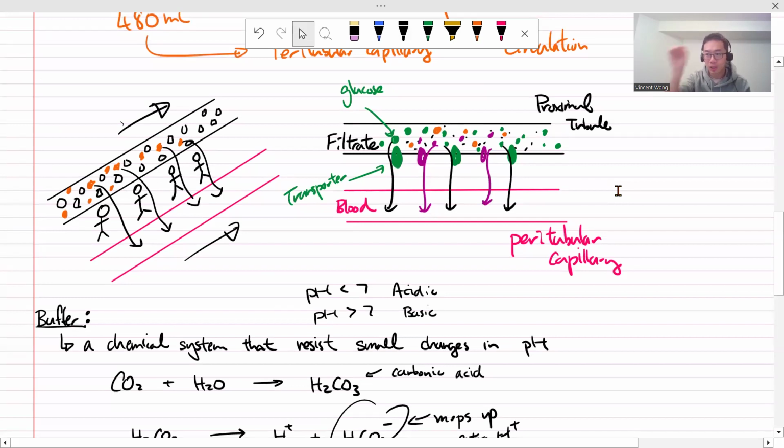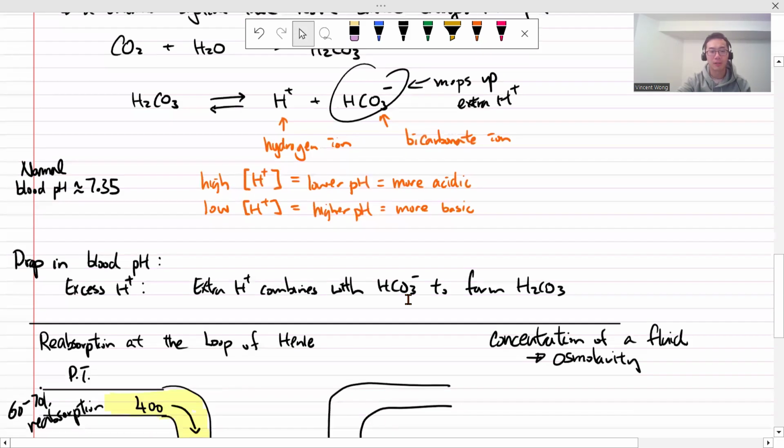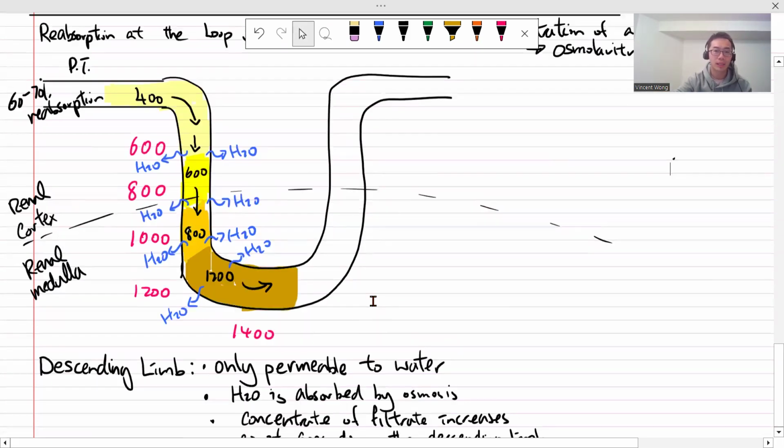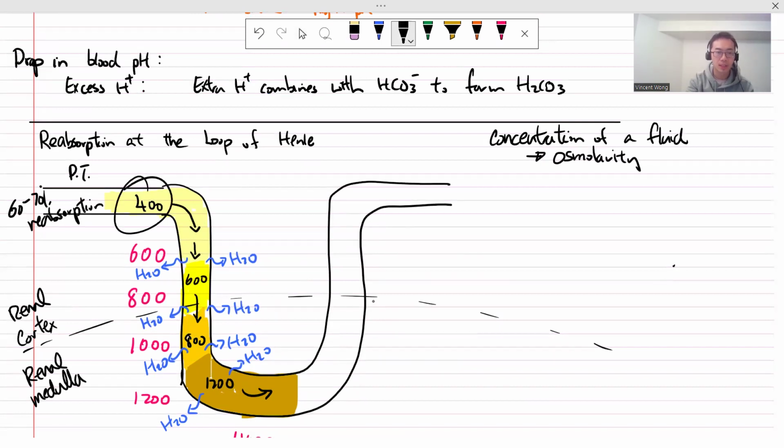So there are extra dots in the filtrate now. What is that gonna do to the number here? Is it gonna be higher than 400, lower than 400, or the same as 400? You've got all this extra caffeine in the filtrate that you were not able to reabsorb. Higher, lower, or same?